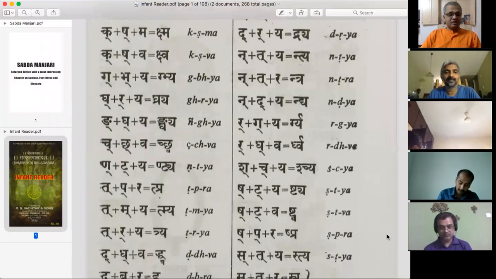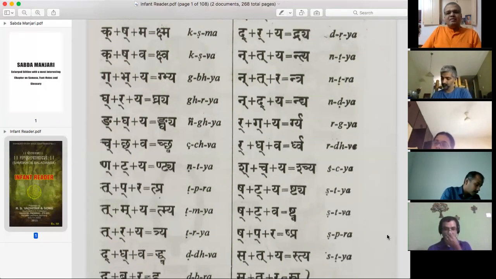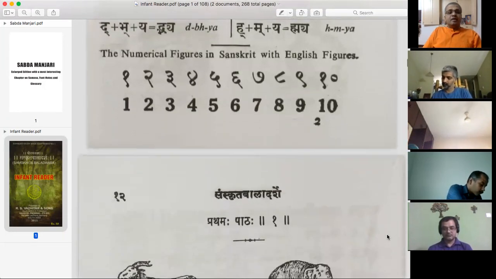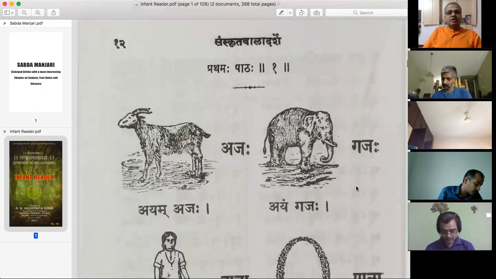If you are not a very structured thinker, some people don't think step by step, but the mind has its own logic, then a little more extra effort is needed. But this structured thinking will help in really understanding your own mind, your own thought process. And then we have numbers. So we will go into the first lesson.